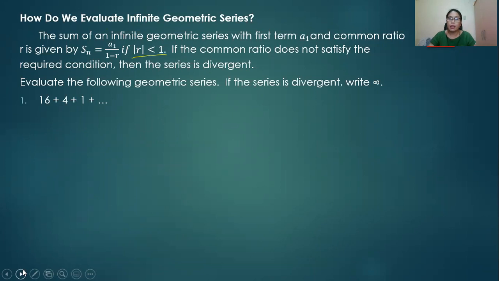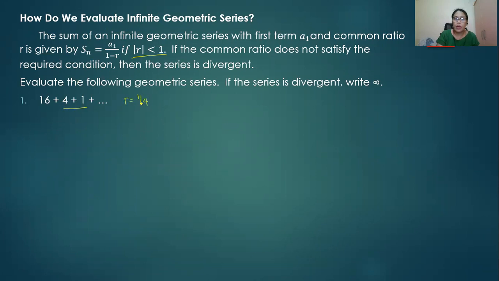By inspection, dividing consecutive terms, if we consider 4 and 1 here, we divide 1 by 4, it's 1/4. So the ratio is 1/4. To obtain the next term, we multiply the previous term by 1/4. So with this, r equals 1/4.